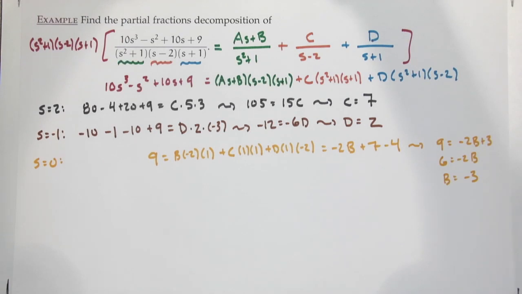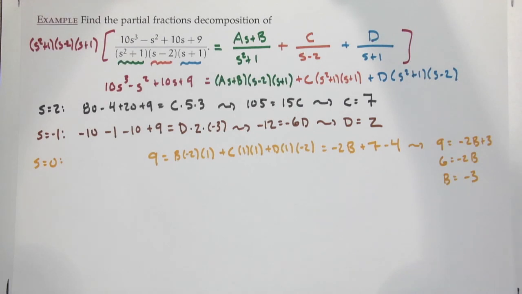Anything else that we can do? We could do i, but that sounds complex. But actually, at this point we have 3 out of 4.